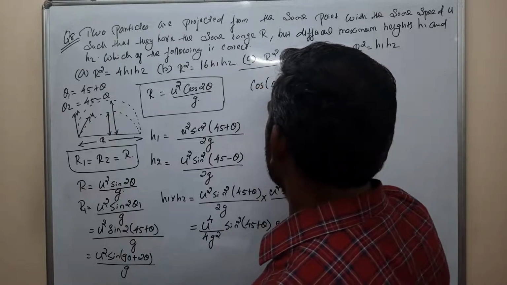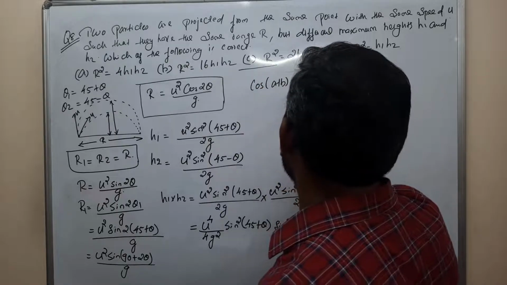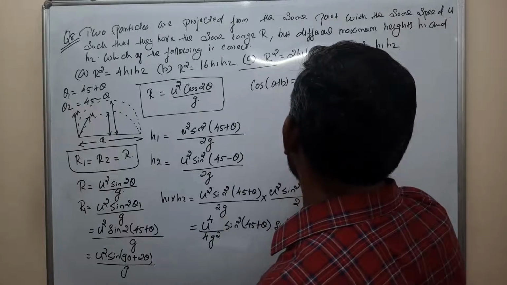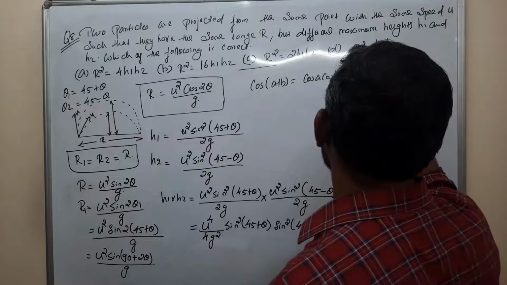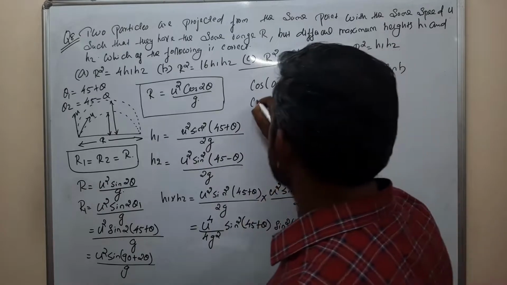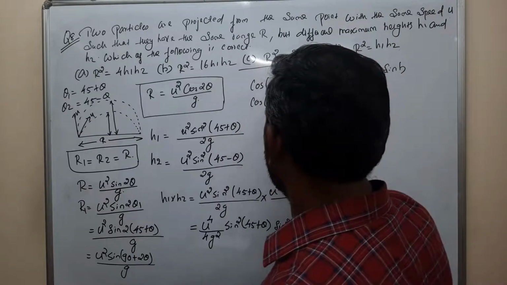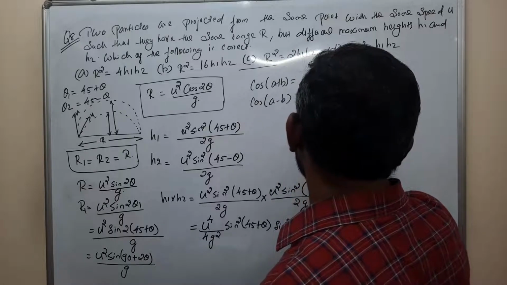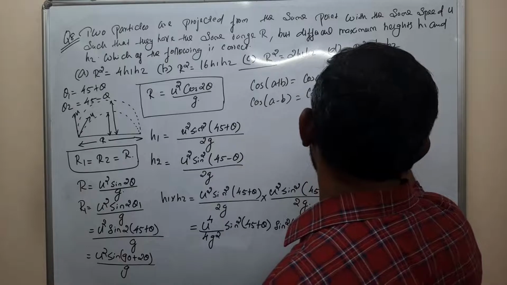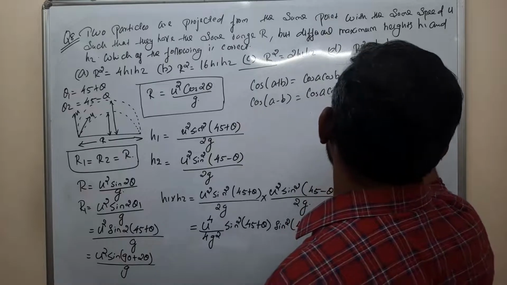cos(a+b) = cos a cos b − sin a sin b. cos(a−b) = cos a cos b + sin a sin b.